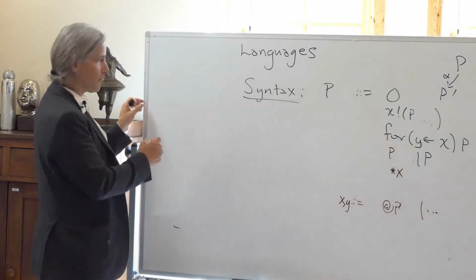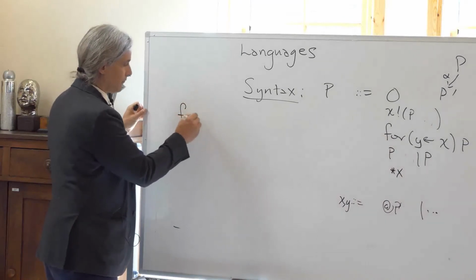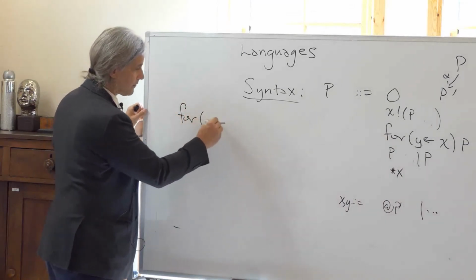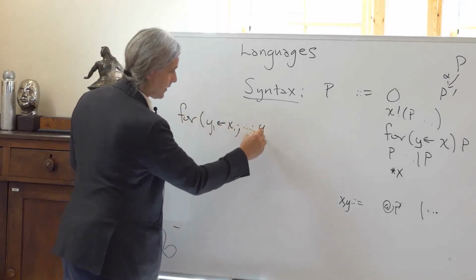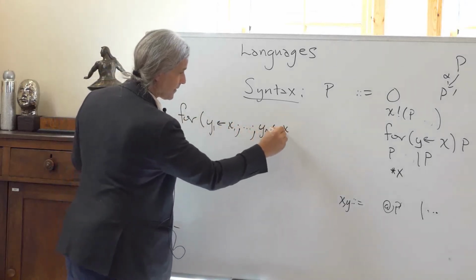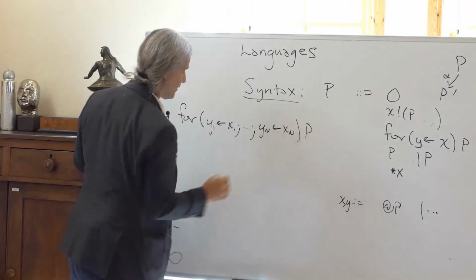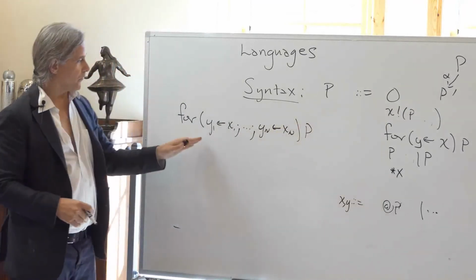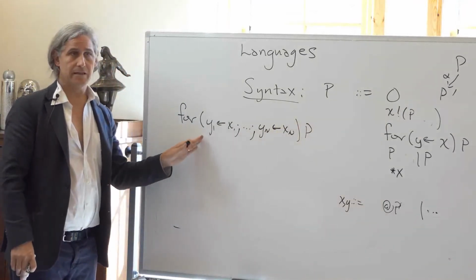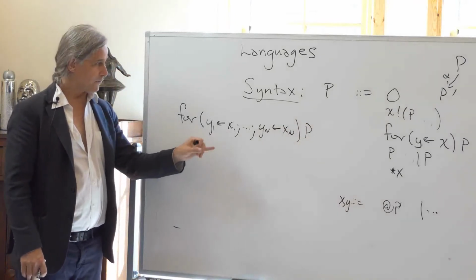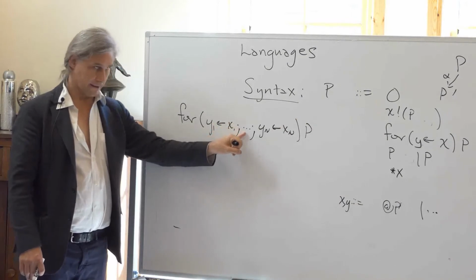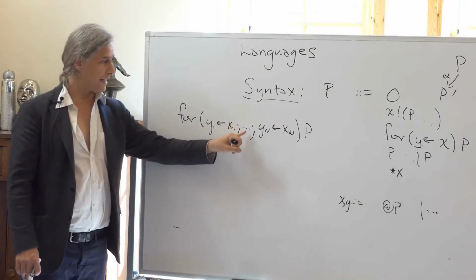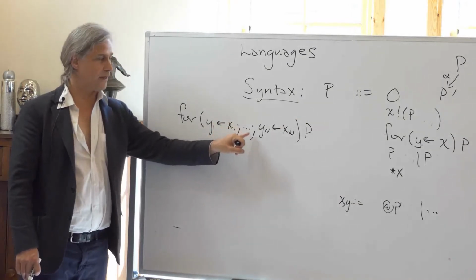So the first thing we want to do is we want to say for y1 from x1, yada, yada, yada, yn from xn, P. And what we want this to mean is that we wait at x1 for y1, and we wait at x2 for y2, and so on.